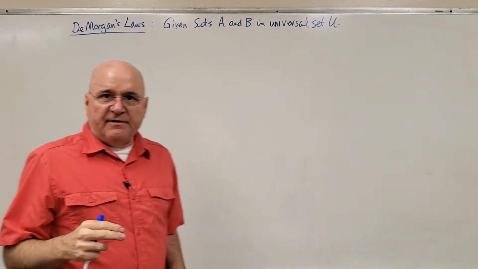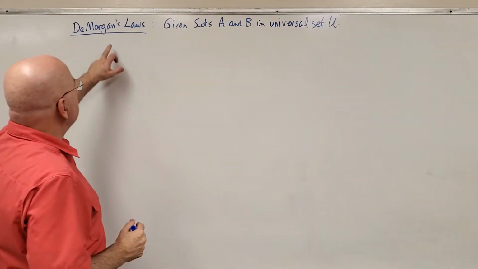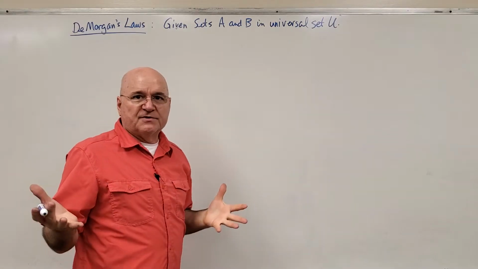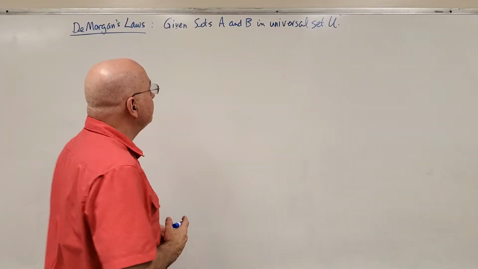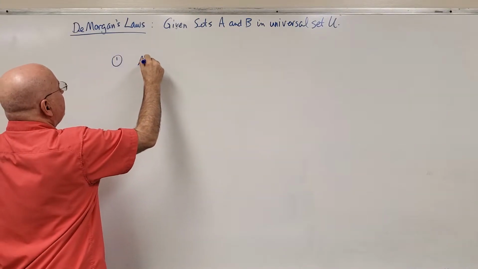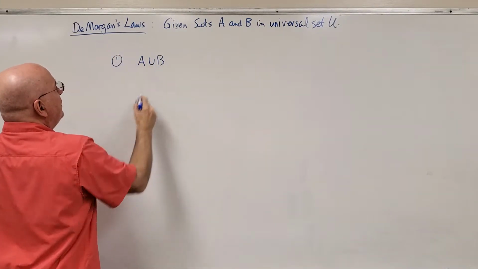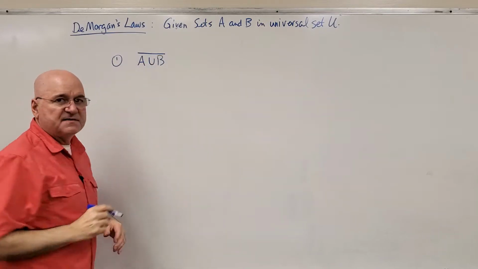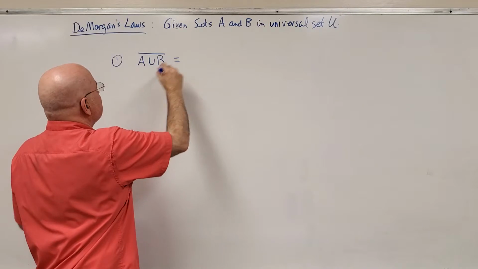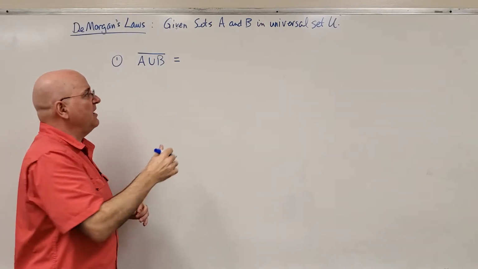Okay, given that, now I can state the two De Morgan's laws. Given sets A and B in some universe, the universal set U, we have A union B, the complement of that set. It's not what you might hope. It's not A complement union B complement.